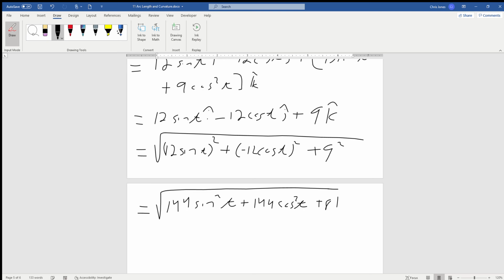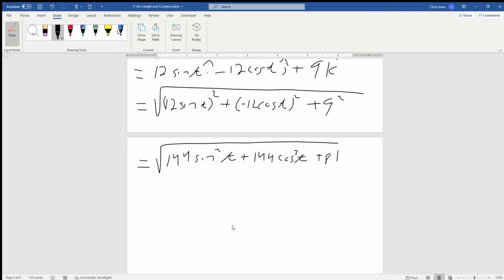And we know that this is just going to turn into 144 plus 81 because of the sin squared, cos squared relationship. It's going to be 225, and the square root of 225 is going to be 15. All right, so that's nice. That works out really clean.